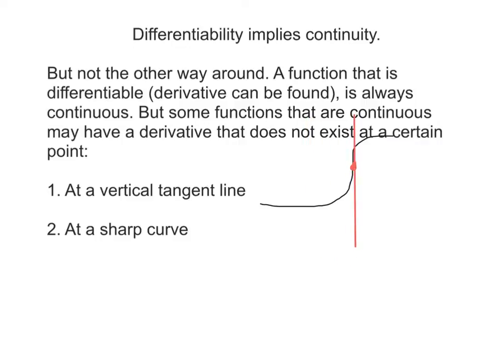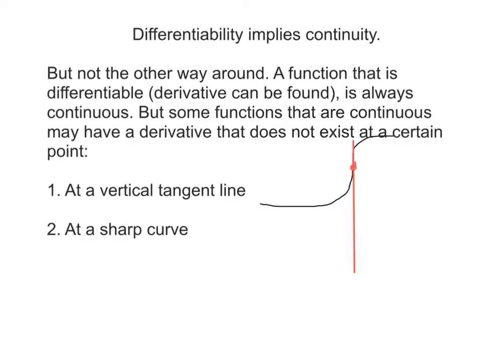So that's no good. Can't find the derivative at that point. I can find the derivative elsewhere on the function, but not right there. So this function is not differentiable at that point, even though it is still continuous.